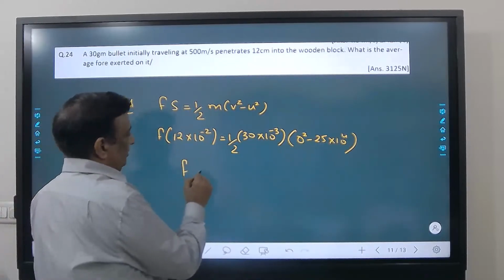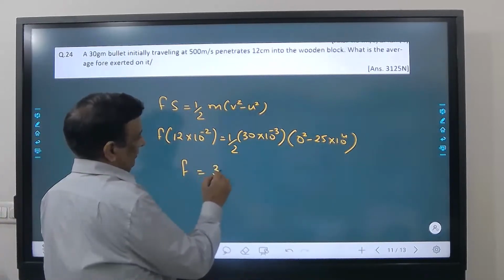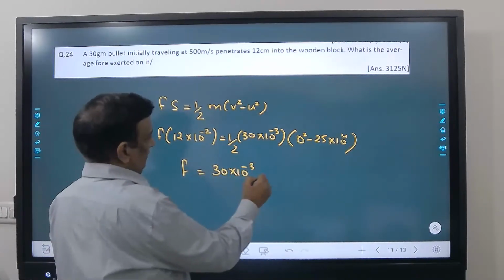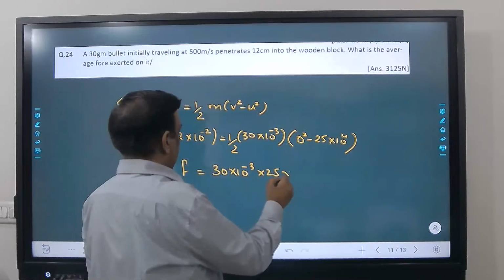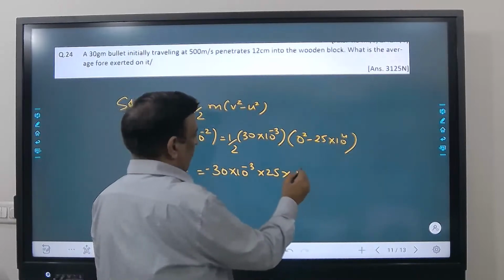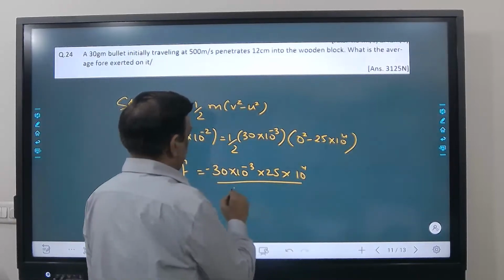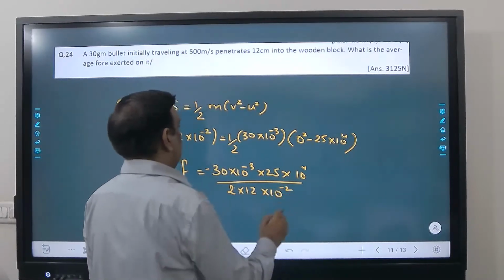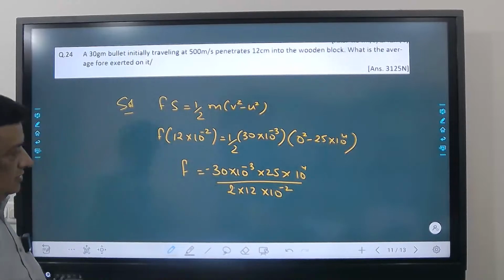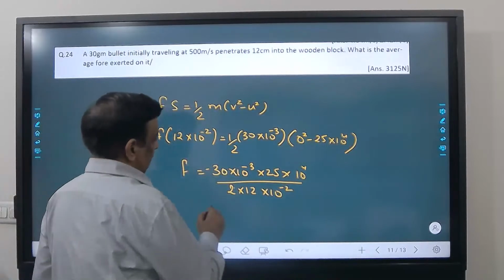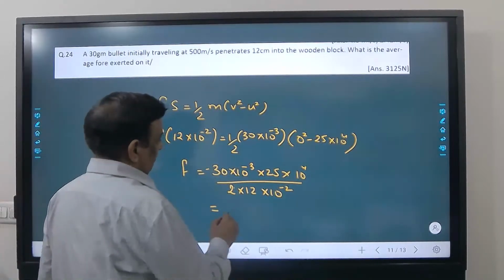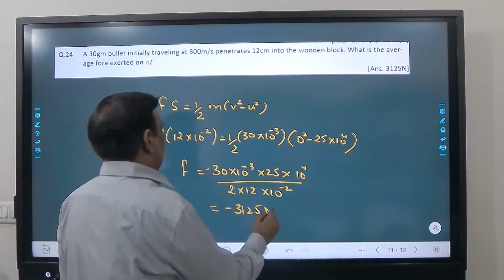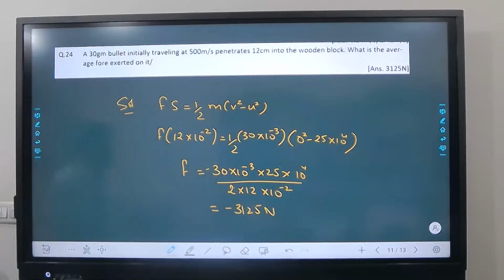F comes out to be 25 into 10 raised to power 4 divided by 12 into 10 raised to power minus 2. So you can solve and you will get the force. Negative sign signifies that it's a resistive force.